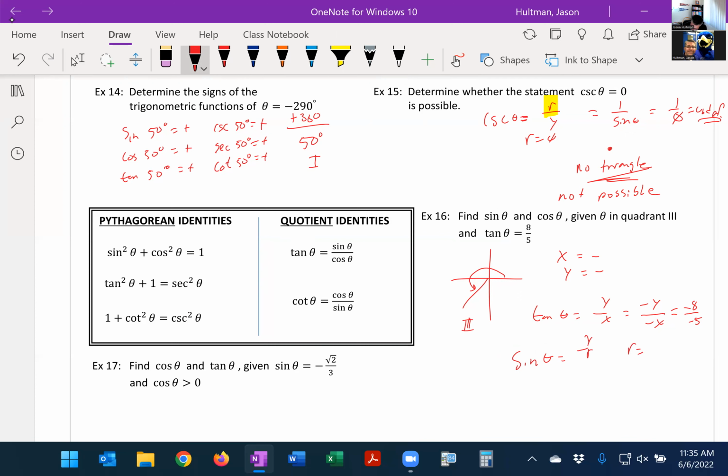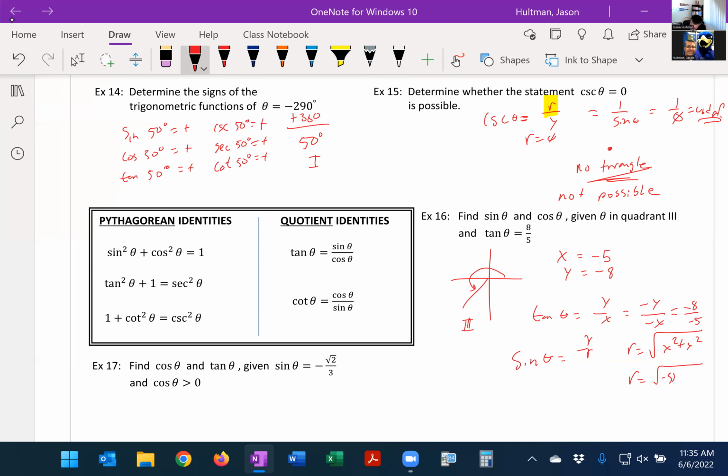Well, r again is the square root of x squared plus y squared. So r is equal to the square root of, x is negative 5 and y is negative 8.